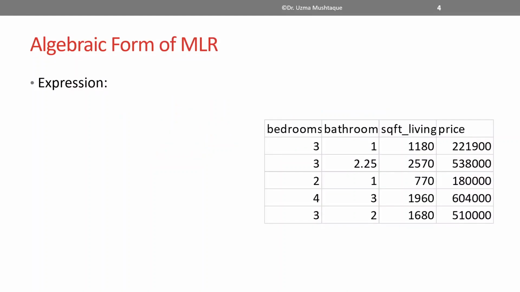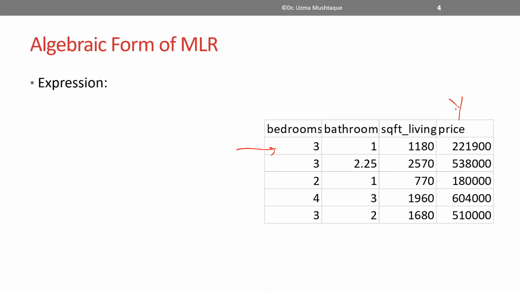Let's look at a problem. I have this house pricing data, and the link to that is given in the description below. I have the number of bedrooms, bathrooms, the square feet living, and the price of each house. I have to create an algebraic relationship, assuming that there is a linear relationship between the number of bedrooms, bathrooms, and square feet living that impacts my price.